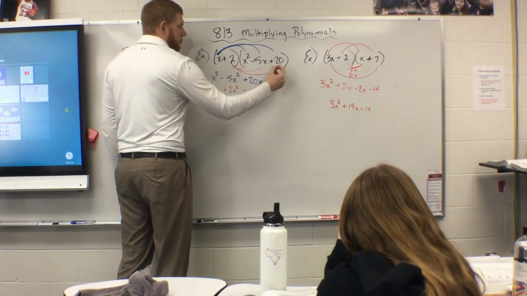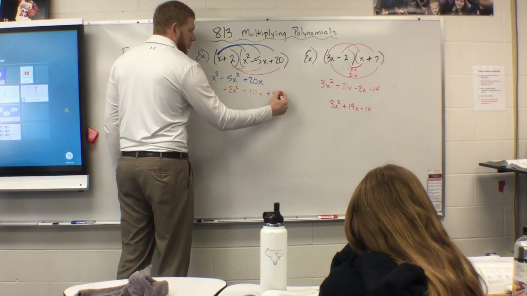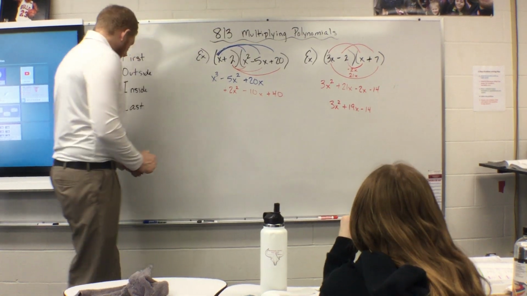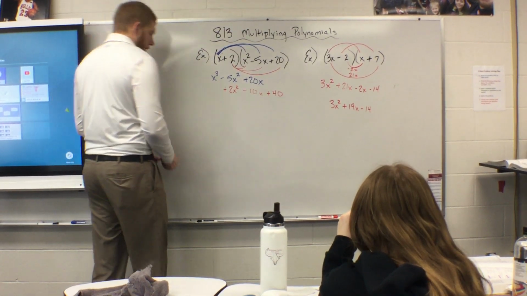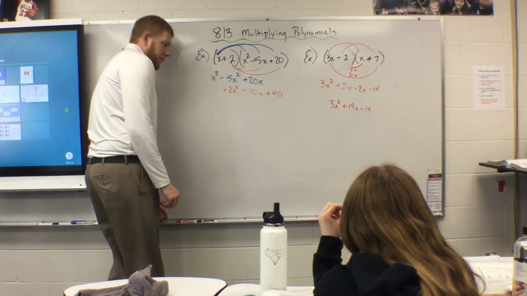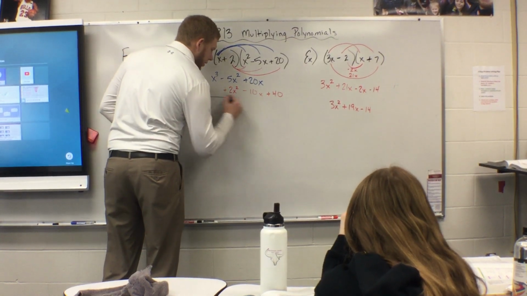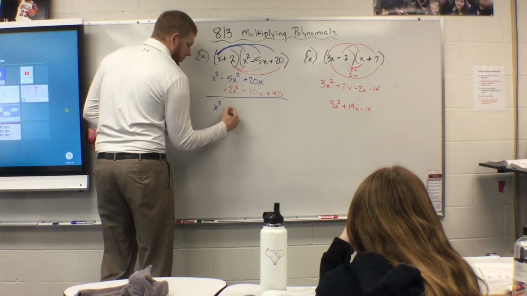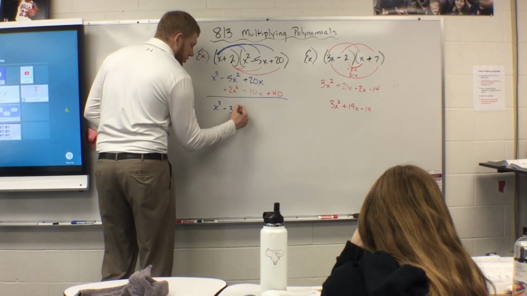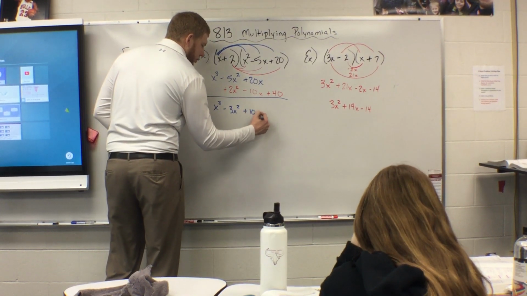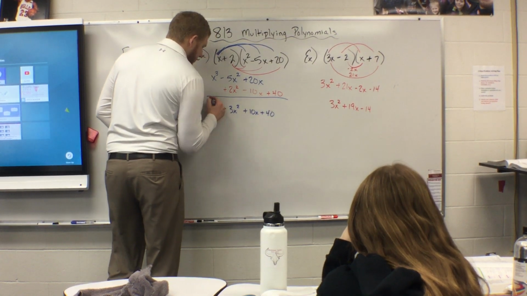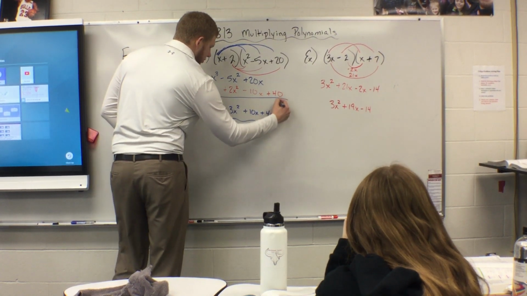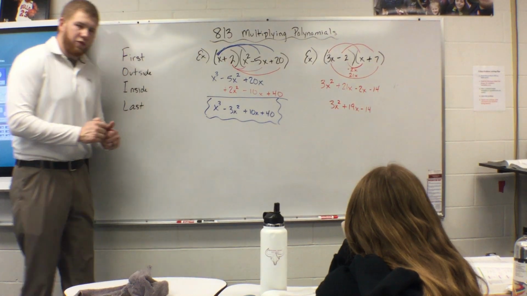And then 2 times 20 is plus 40. Okay, so then we can simplify: x cubed minus 3x squared plus 10x plus 40.